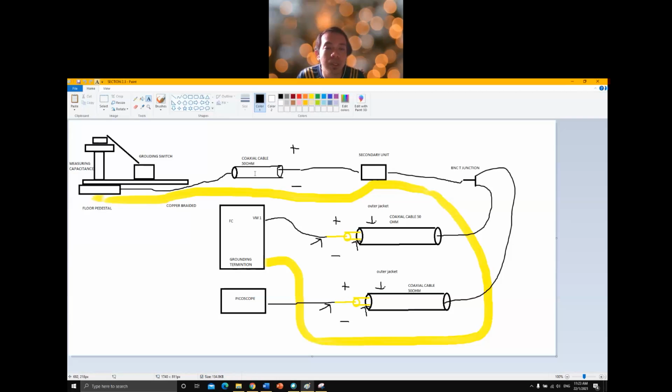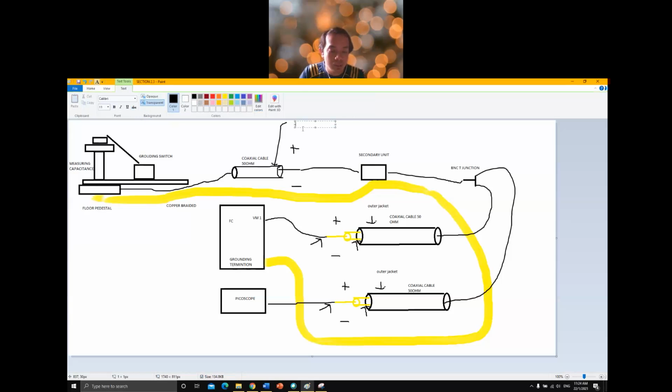Inside the coaxial cable, they have an outer jacket for the cable.